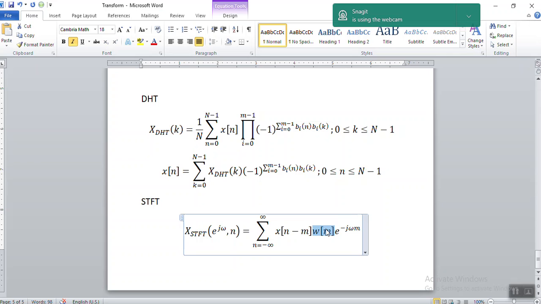So, each of this fixed length, short length, finite length window will be sliding, and continuously you are recording what you have seen. In that case, you will get exactly at what time whatever things you have seen.